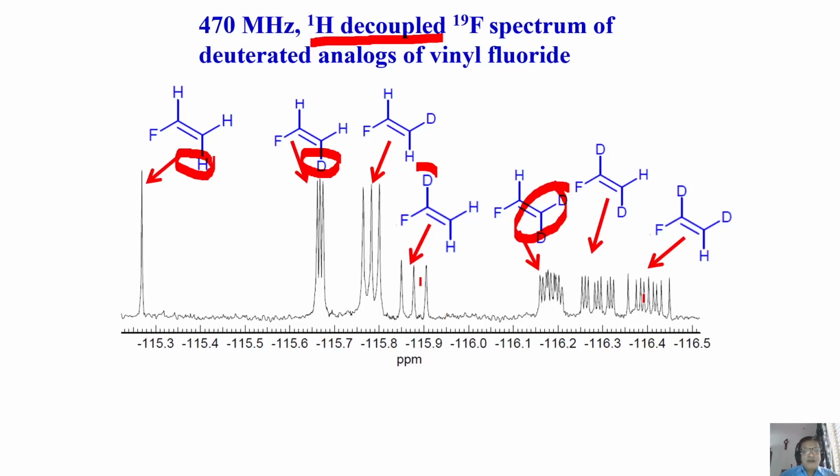You see, so beautifully you can understand the effect of substitution of deuterium, not only the isotopic shift, but how the spectrum is affected, whether one deuterium or two deuteriums are there, depending on whether it is geminal, vicinal, trans or cis. Based on that, the entire pattern changes. I hope we can understand.